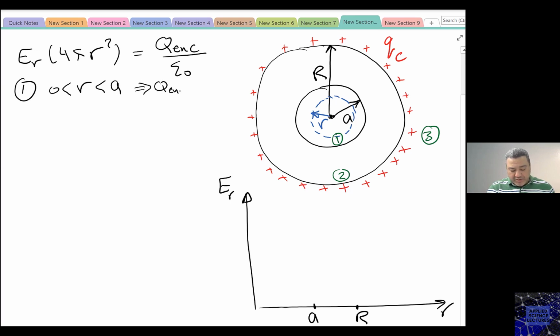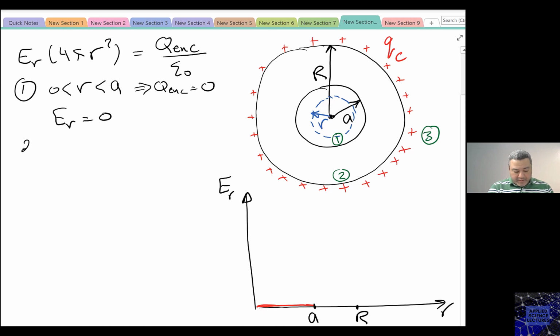Now let's look at the Q enclosed. You will see that we are not enclosing any charges. That's why the Q enclosed is 0, and in this case the electric field is 0 as well. So let's draw this electric field. The electric field is 0 between 0 and A.